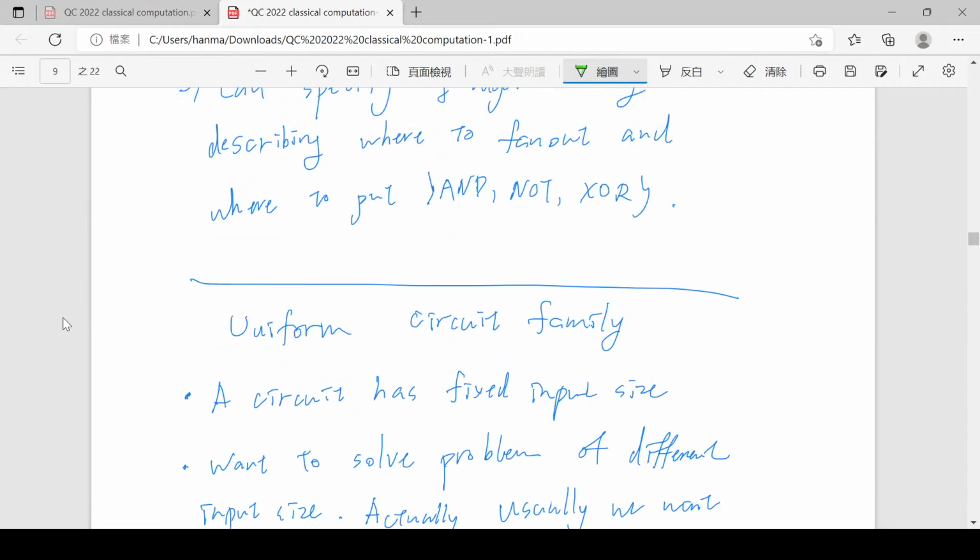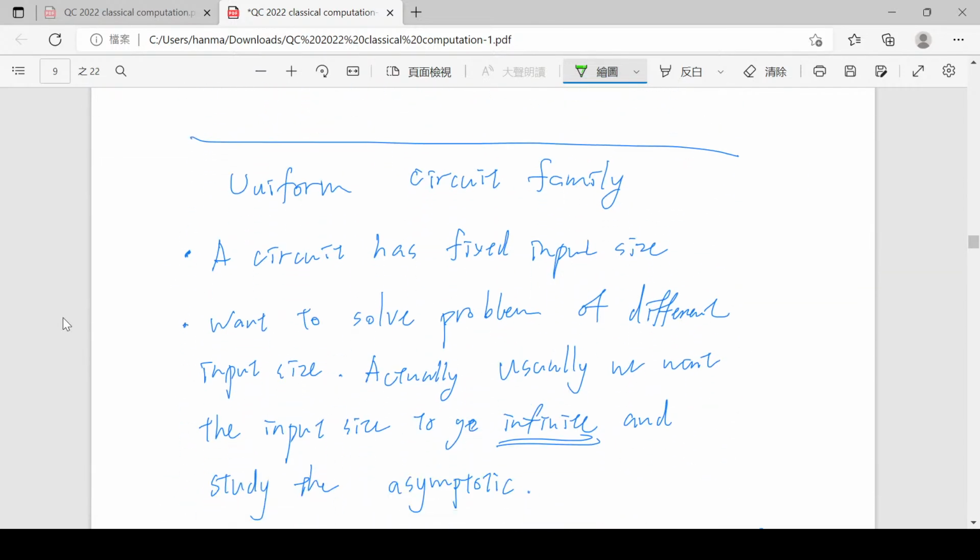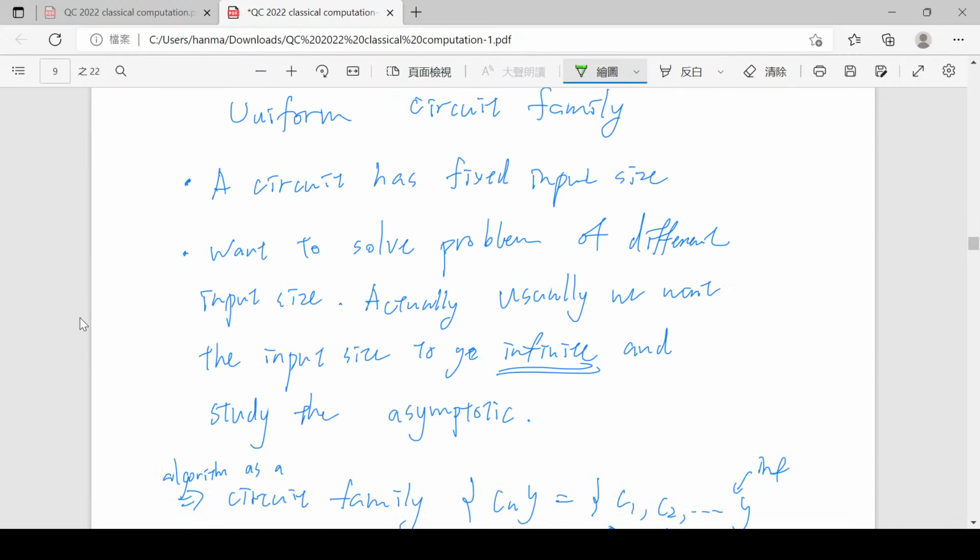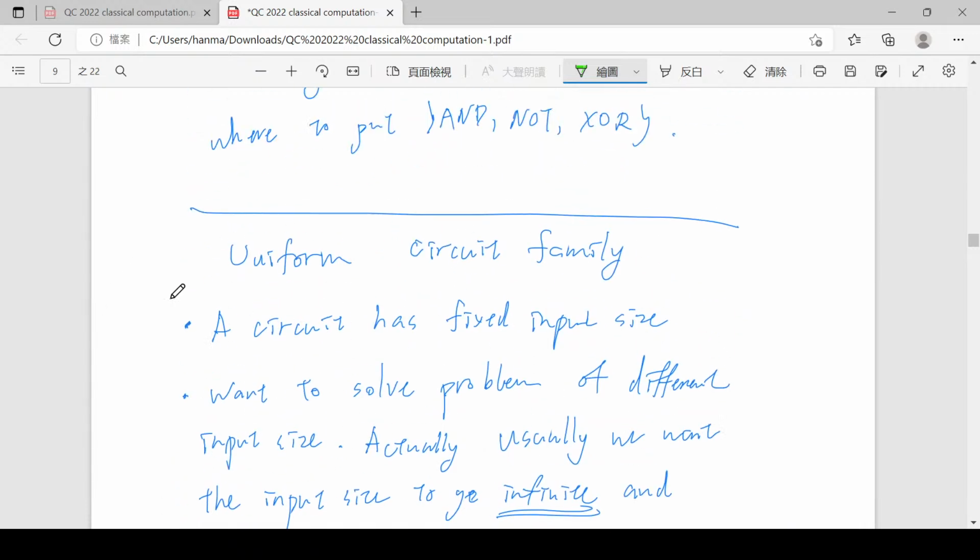Okay, we can describe this. And then we come back to this discrepancy between circuit and Turing machine. The issue is specified in this concept of uniform circuit family.